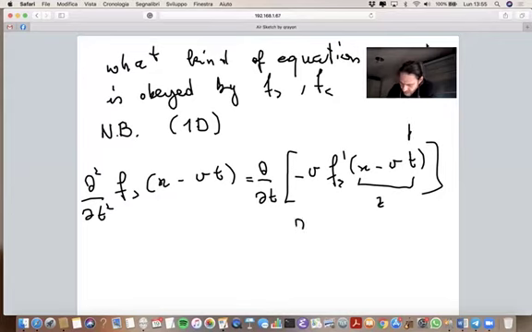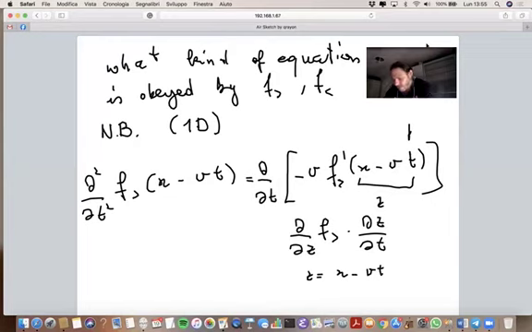So I've done d by dz of F bigger times dz by dt. z is x minus vt. So this part here is what I call f prime, because it is a function of z, which has only one variable, z. Then I discover that z is actually a combination of two variables, and this shows up in the second term here.